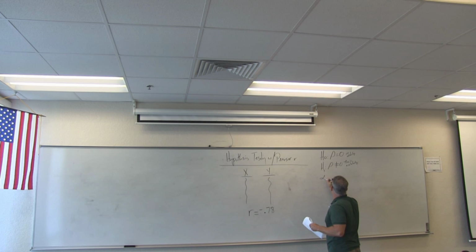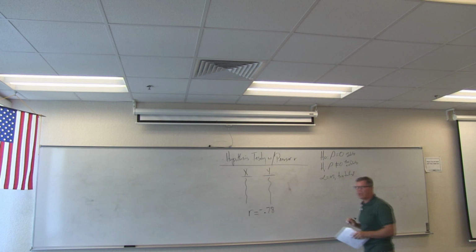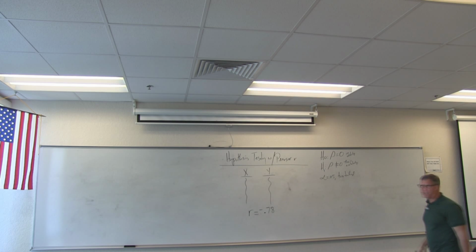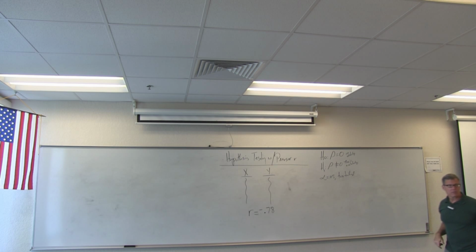We can set alpha at 0.05. We can run a two-tailed test. Why would the researcher choose a two-tailed test? Well, before the data was gathered, they didn't know whether the correlation would be positive or negative. They picked a two-tailed test just to be safe.